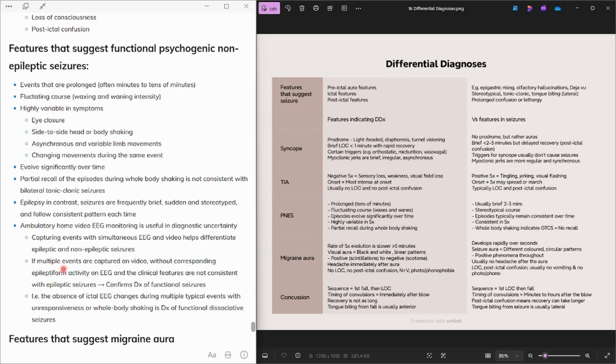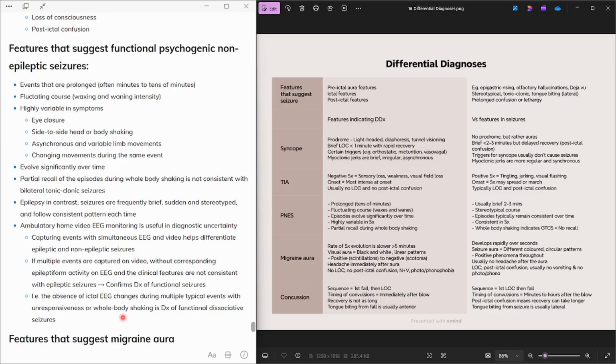So for example, if you have multiple events clinically captured on video that may look like a seizure, but there is no corresponding epileptiform activity on EEG, and the clinical features, as we mentioned before, are not consistent with an epileptic seizure, then this confirms the diagnosis of functional seizures or psychogenic non-epileptic seizures.